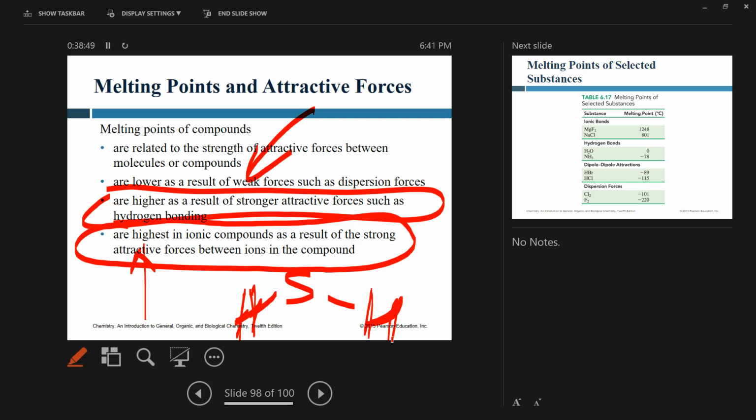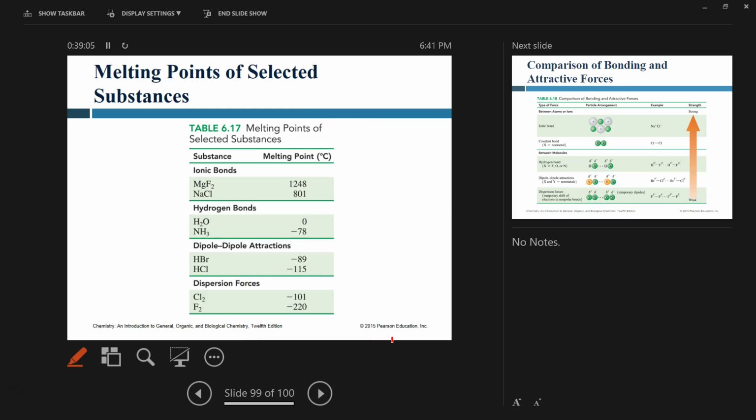You just have to remember that, generally speaking, ionic compounds will have the highest melting points. Polar covalent will be kind of in the middle. And nonpolar covalent will be at the bottom of melting point. Okay, those are some examples. For instance, melting points for these ionic compounds are extremely high, about 1000 degrees Celsius.